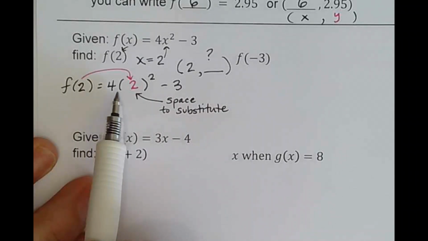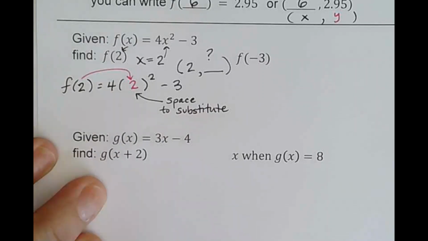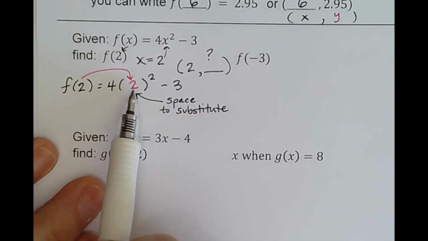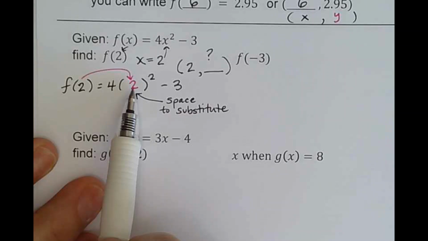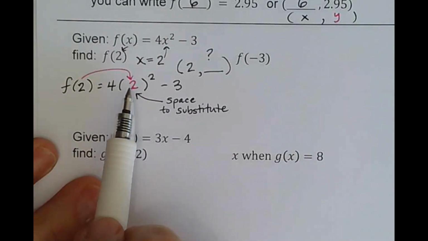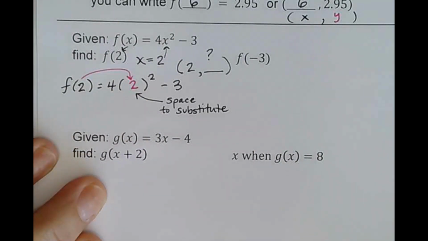So then I do a calculation. Now I added these parentheses myself, but I have an exponent here. So for order of operations, you do parentheses and exponents first. So 2 squared, I'll do first, which is 4, times 4 is 16.